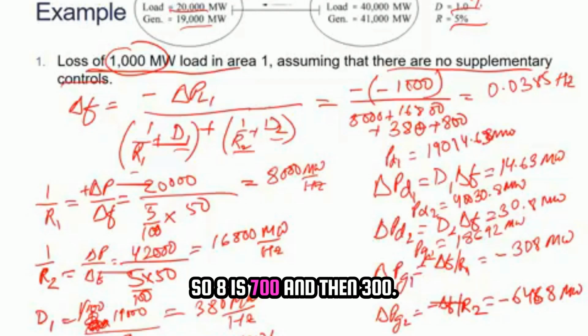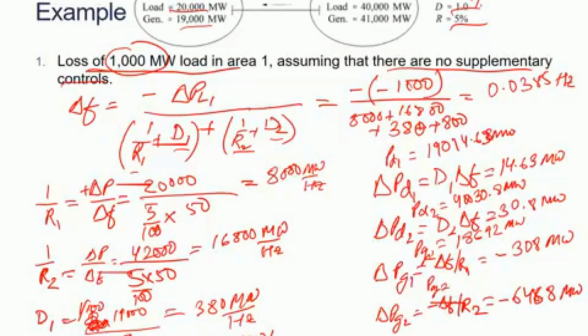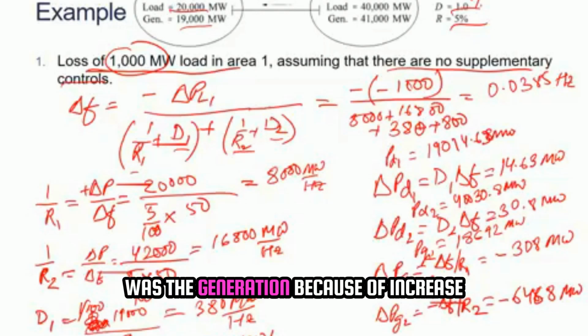Okay, initially it was 19,000, right? And then PG2: it was 41,000 generation.